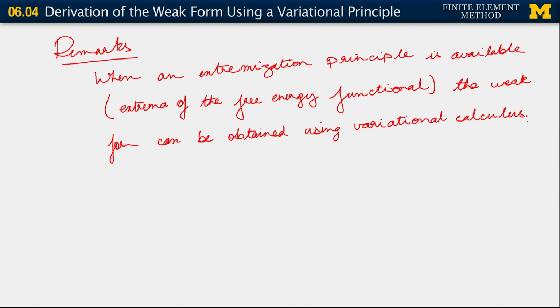Often this is combined into saying that a variational principle exists. One says, therefore, that a variational principle exists.